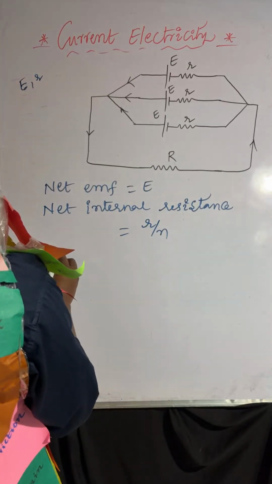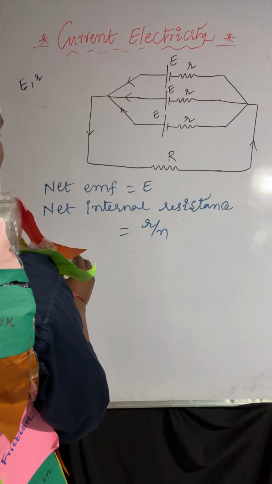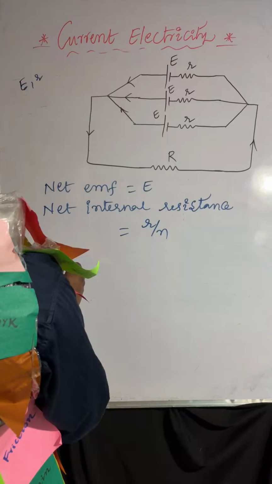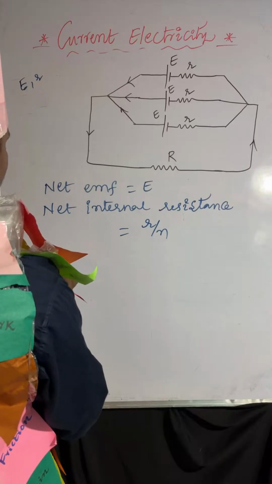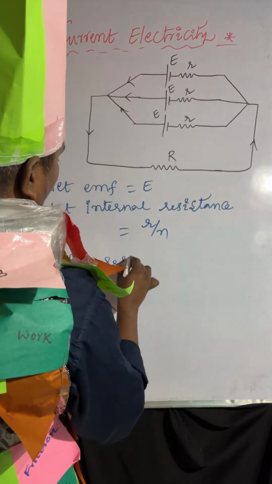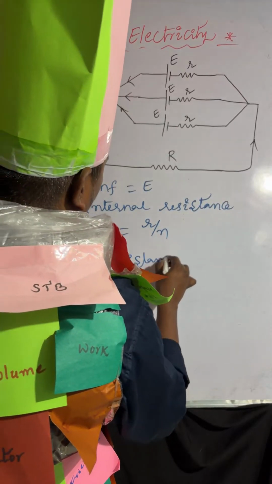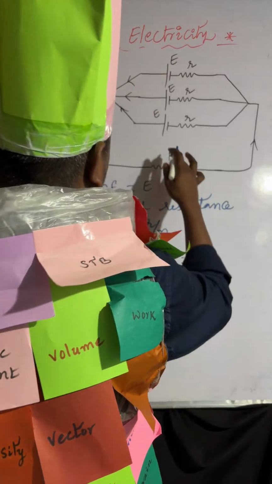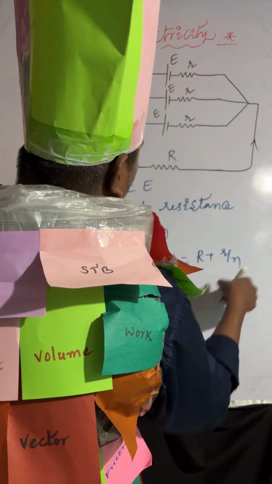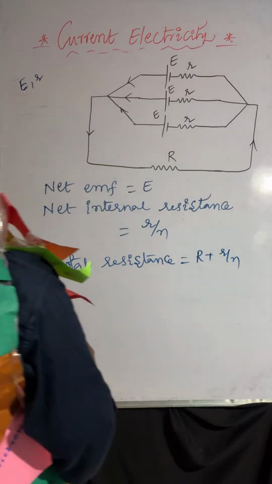Before, we discussed resistors connected in series. So now if you are taking total resistance, it is R plus R by N.